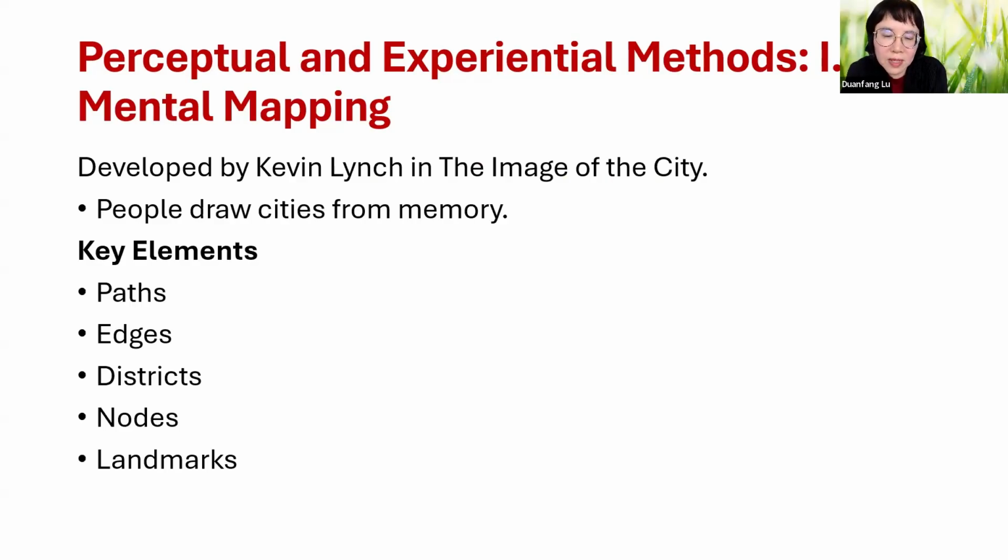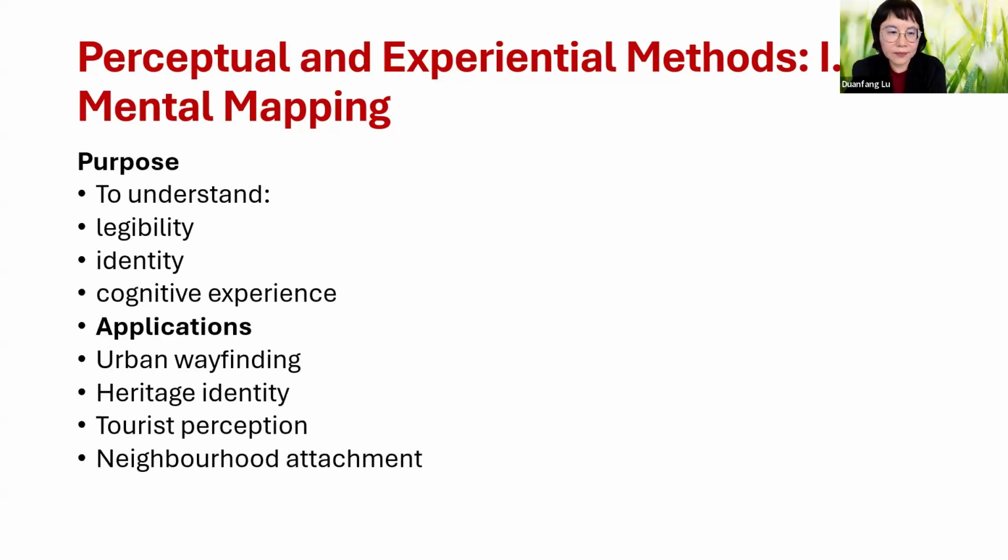Kevin Lynch has been a very important figure in this area, whose book, The Image of the City, analyzes how people draw a city from memory, and identifies a few key elements that help people develop their own cognitive mapping of the city. And the purpose is to understand the cognitive experience of the city.